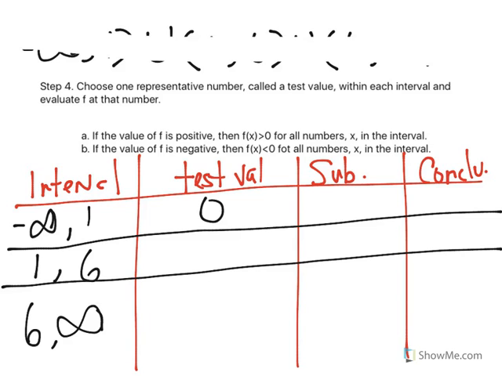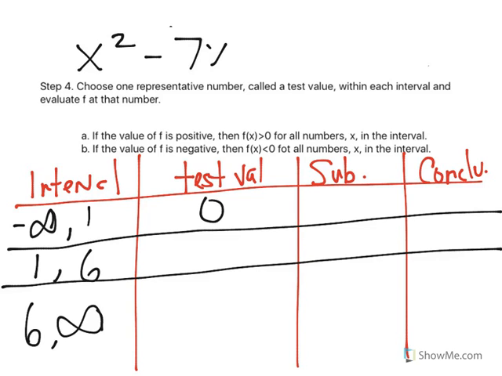I am going to remove this here and replace this with the original formula, which was x squared minus 7x plus 6 equals 0.